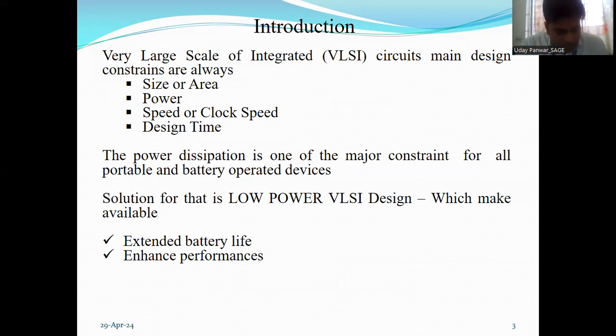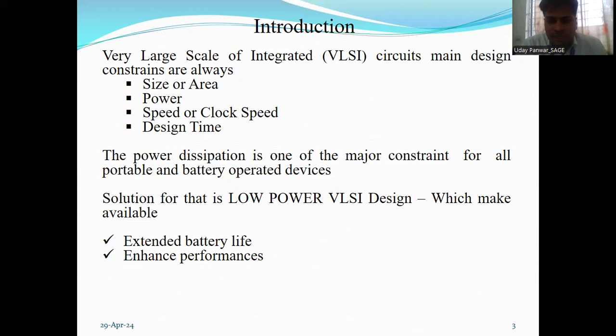We want our portable device, our mobile phone or any portable gadget, to perform at the same speed and with the same criteria as our desktop computer gives. All these criteria will be fulfilled at the cost of power, so the battery life degrades fast. So the solution is to go for a low power VLSI design.